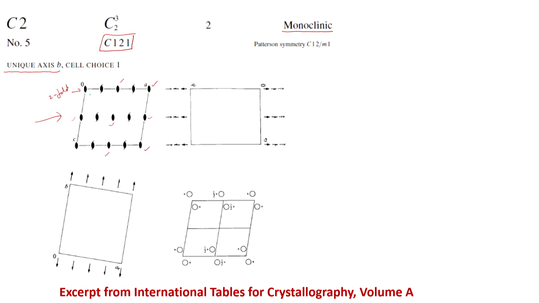Now, if I had put a motif out here above the plane, a 180-degree rotation will bring it here, and it will still remain above the plane, with no change in handedness, and all of these get translated through lattice translation.